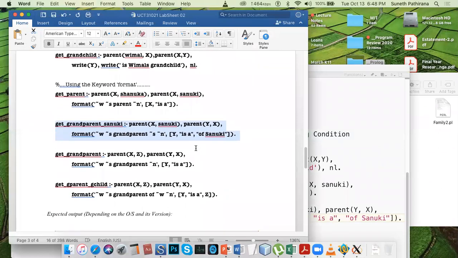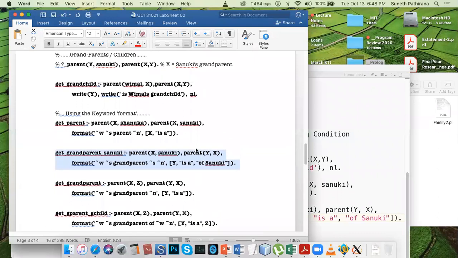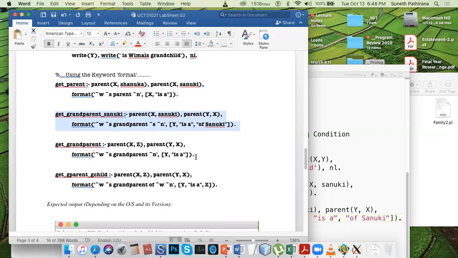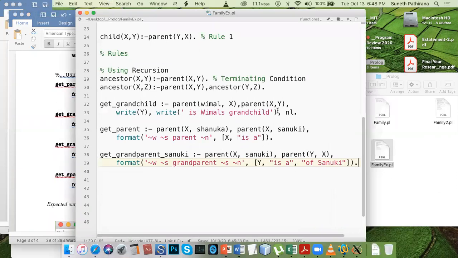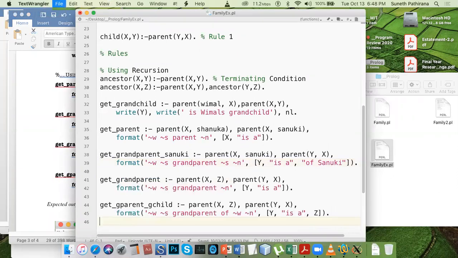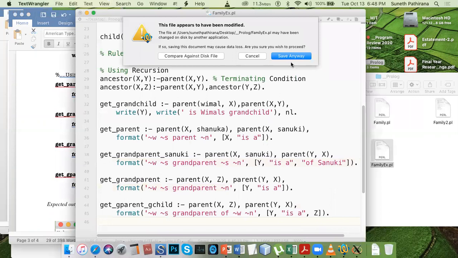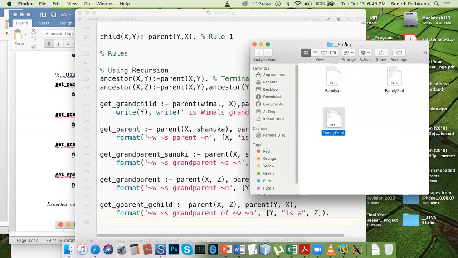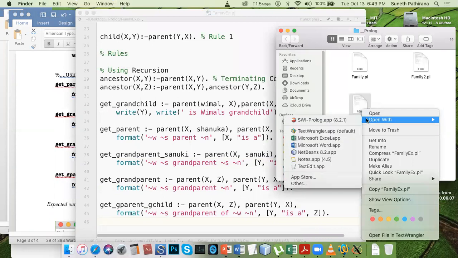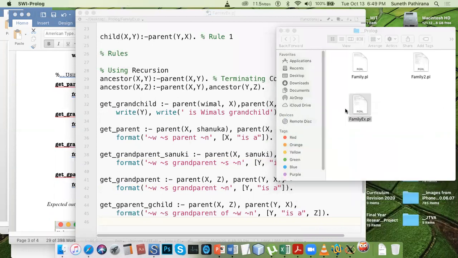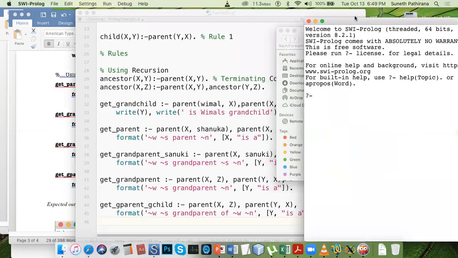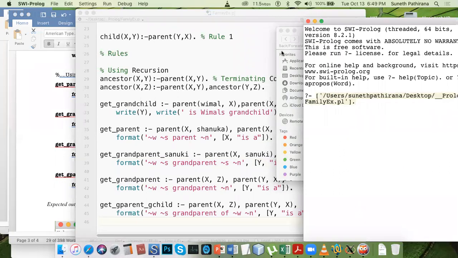Get grandparent, I think, yeah, we have used grandchild. I'll copy both of the statements, then we can execute them easily without compiling and recompiling. Okay, we have to compile.